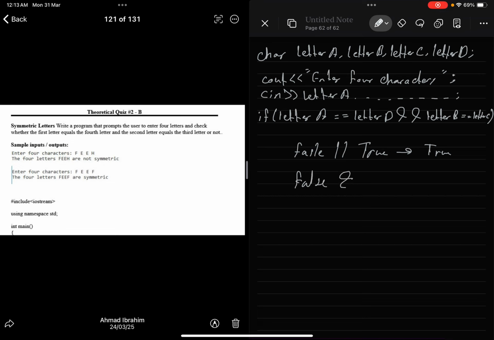False and true will be false. And there is one case where it is true: when we have true and true, so it will be true here.